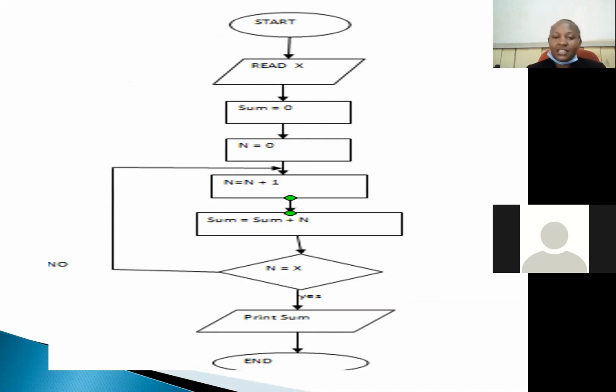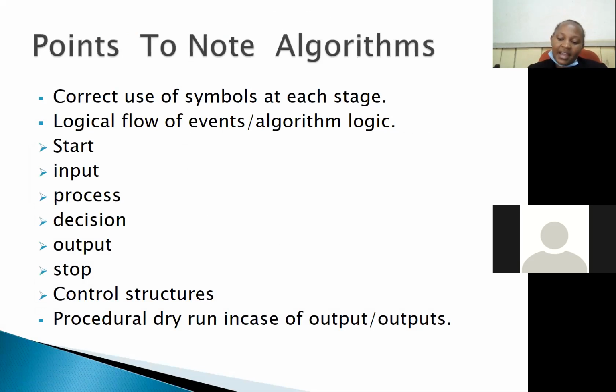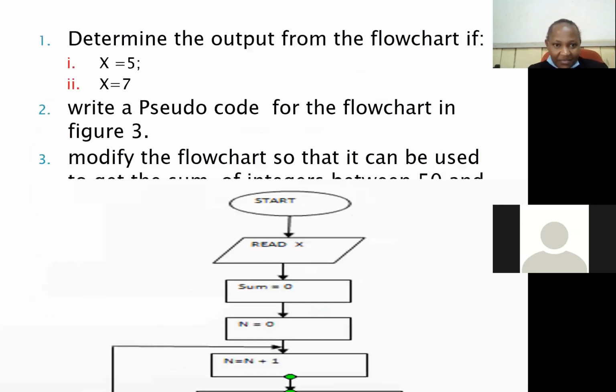Then sum is initialized to 0, n is initialized to 0, and then n is incremented by 1, sum is incremented by n, and then we check whether n equals x. Remember that we have input x as 5.